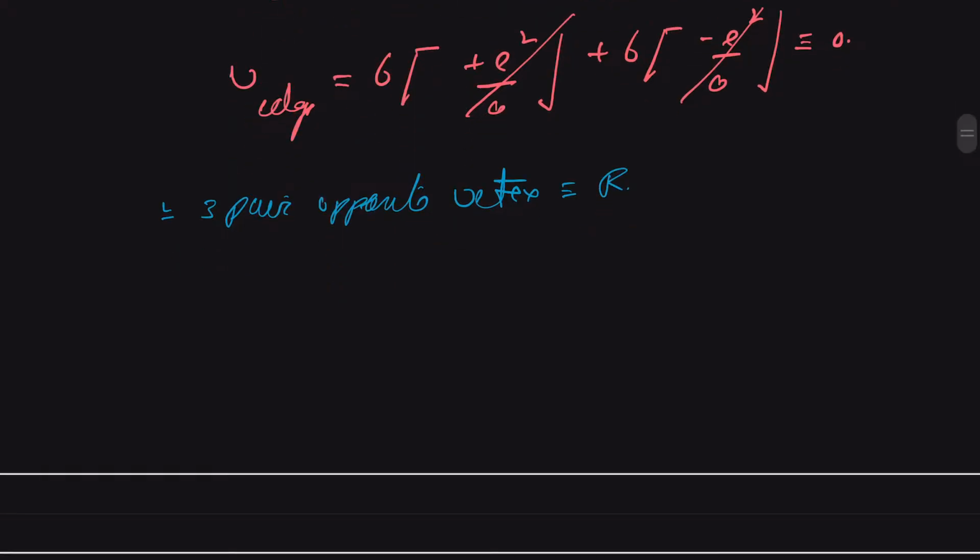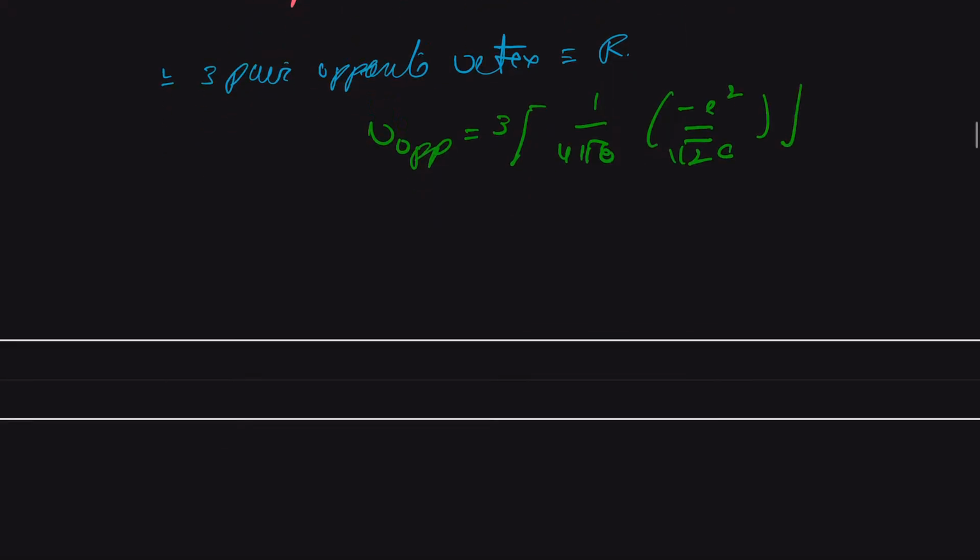Therefore we can say that our U opposite will be equal to 3 times 1 upon 4 pi epsilon naught, and this comes as E square upon square root of 2 times A. And the total energy in the second case, that is U2, will be equal to 3 times E square divided by 4 pi epsilon naught times A, and this comes with, one thing is missing, square root of 2.